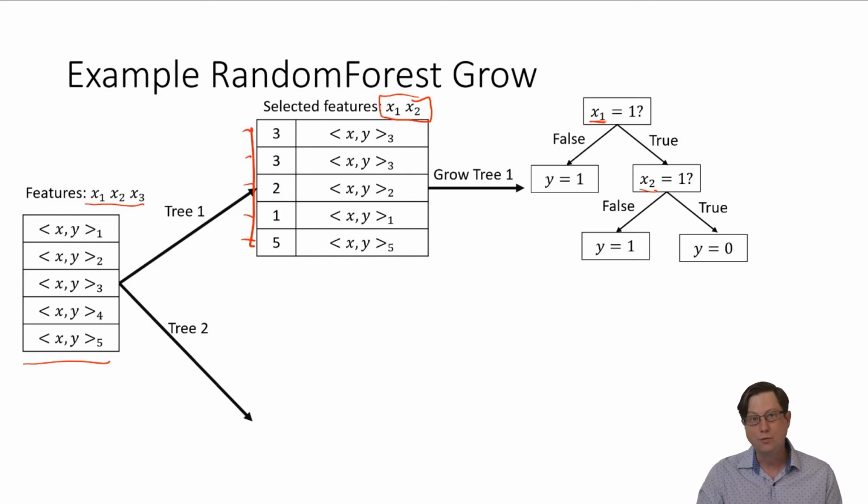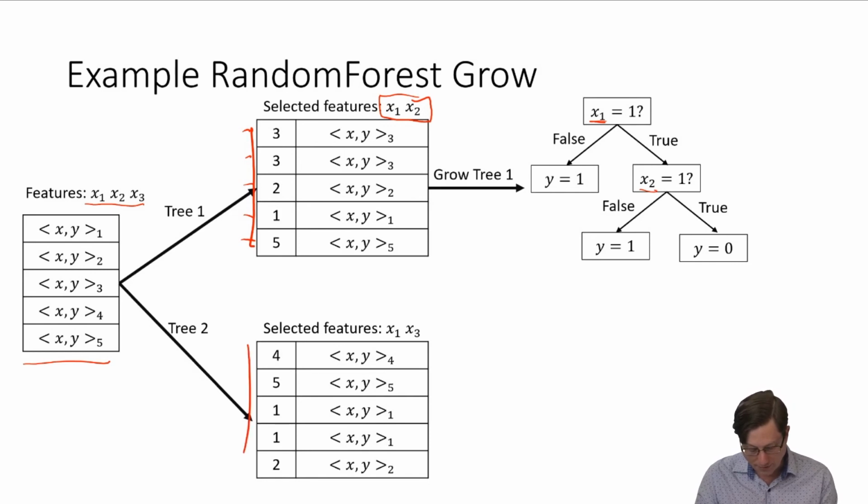Then you want to grow another tree, so you do a whole bunch more random numbers, another bootstrap sample, and again you select features, and now you have different features. Maybe one of these features is really good. Let's say X3 is the best feature, and any tree that uses X3 is going to select it first and is going to learn the concept along a pretty similar contour because X3 contains a lot of information.